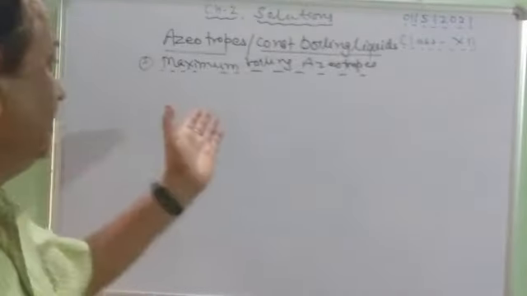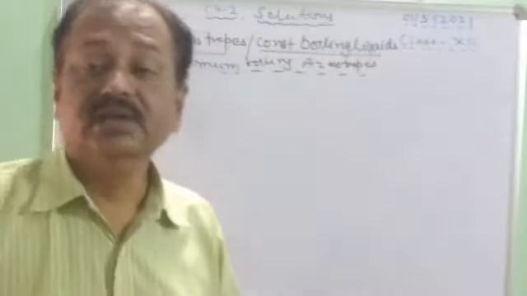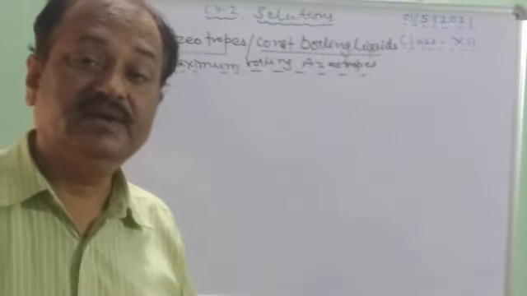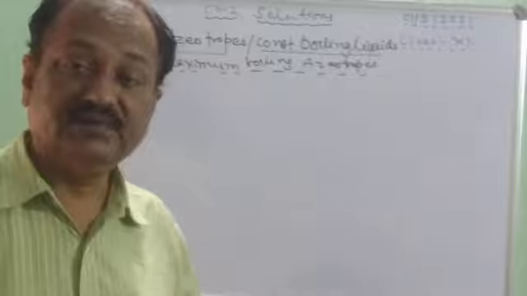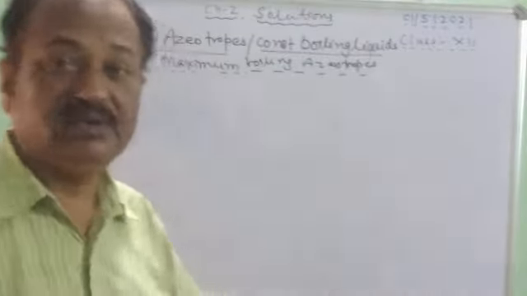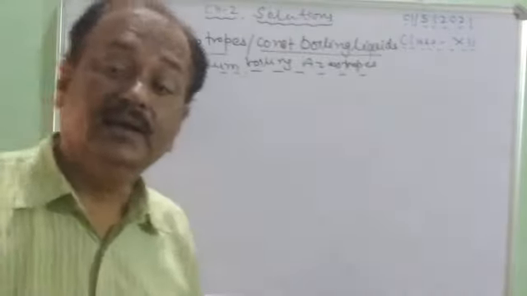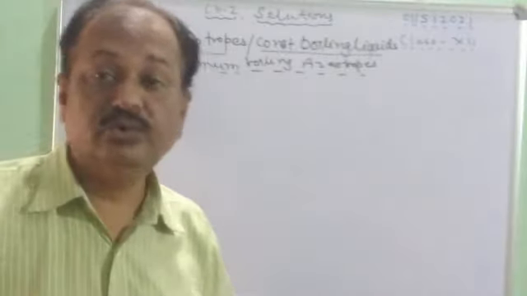Now, second is maximum boiling azeotropes. Children, as the name indicates, maximum boiling means they are binary solutions which are not converted into vapors easily, and so they need more temperature.